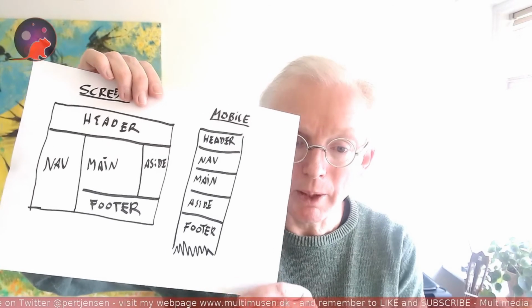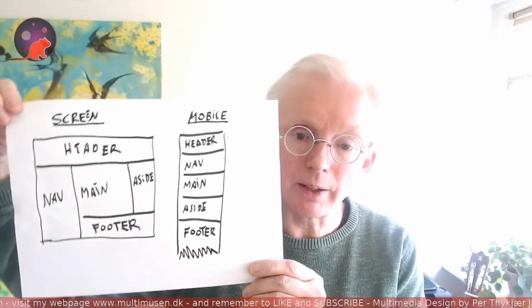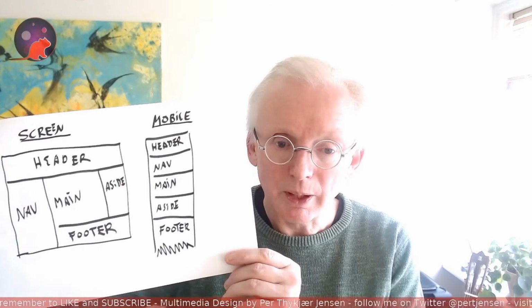Probably you remember that the plan we had was to have a design that would look in one way on a big screen and in another way on a mobile phone. So what we still need to do is actually to create the mobile version of your design. So let's see how that is done.